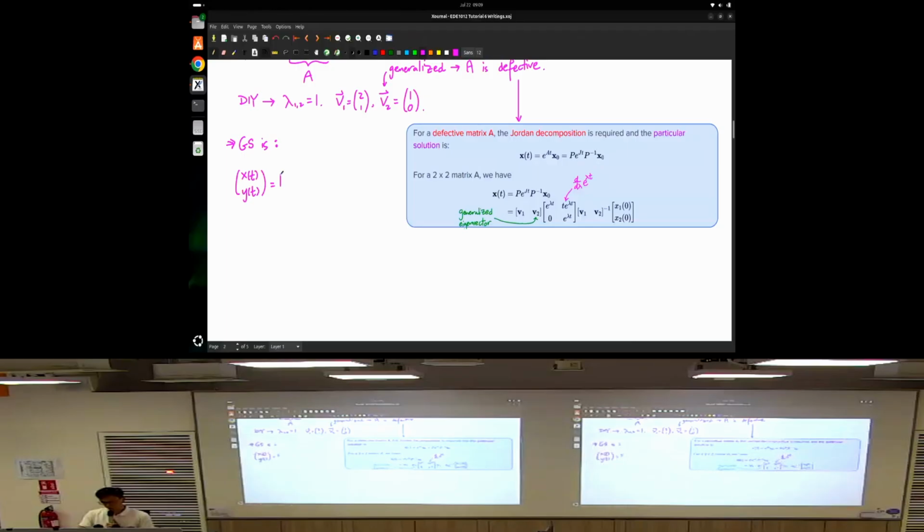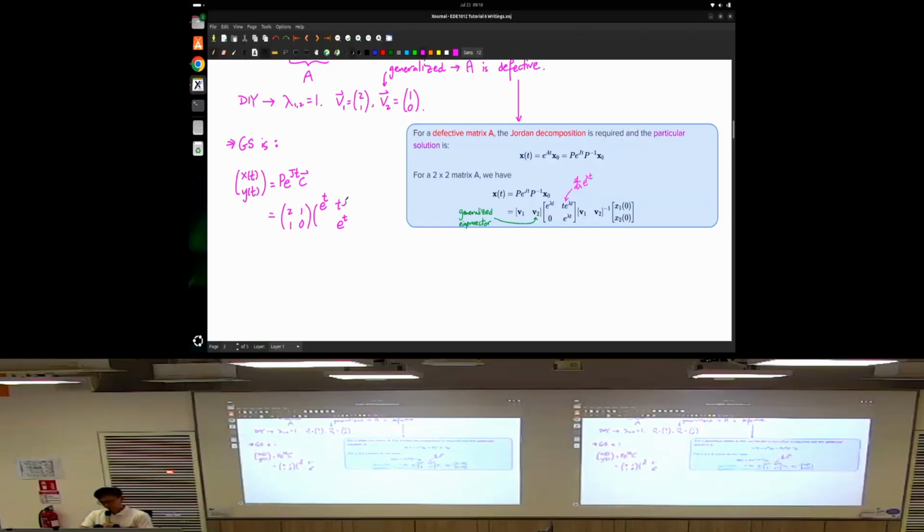This will be P times e to the Jt, times C, which is just a constant vector, like C1, C2. In this case, your P will be your concatenated eigenvectors and generalized eigenvectors. Then e to the Jt will have e to the t on the diagonals, of course, because your lambda is 1. Then the top right must be t e to the lambda t, which is t e to the t.